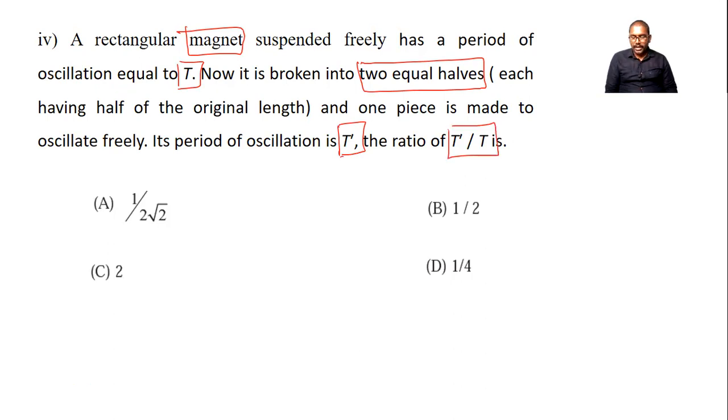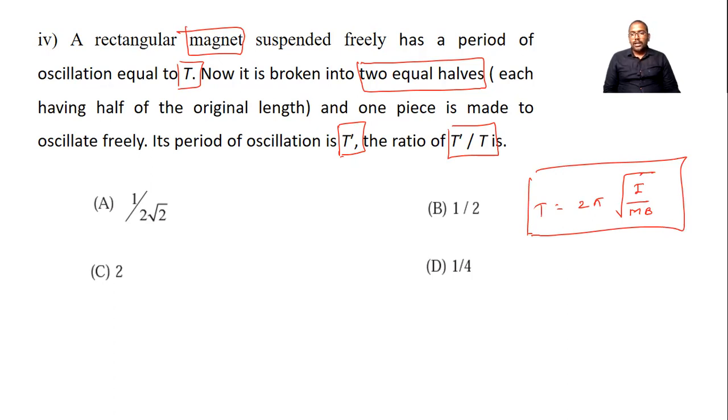So we have an idea about period. T is equal to 2 pi under root I upon MB. So this is the formula for period of oscillation of bar magnet. Now pay attention here. Period depends on moment of inertia, and moment of inertia depends on length.